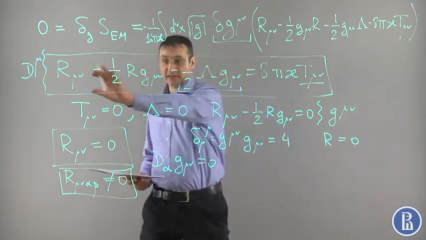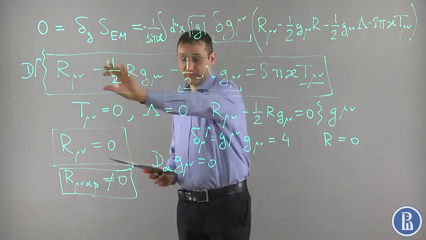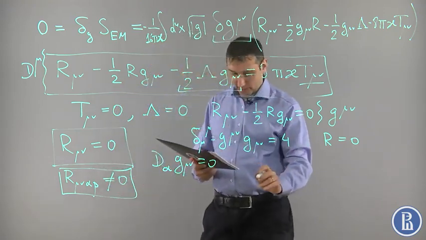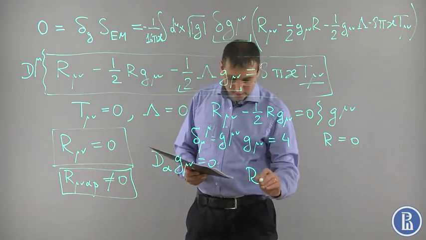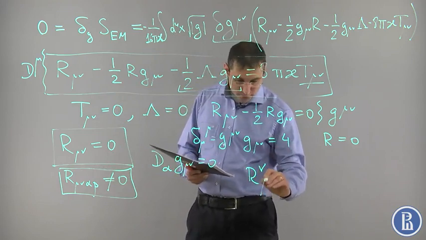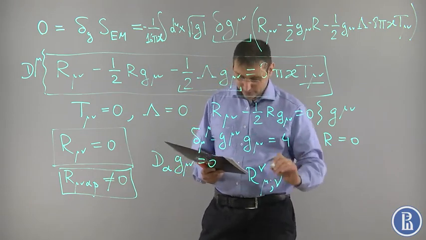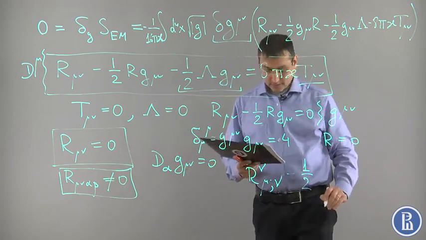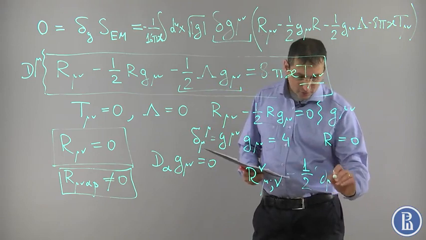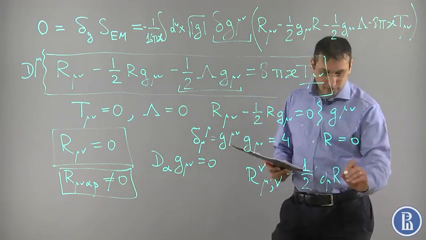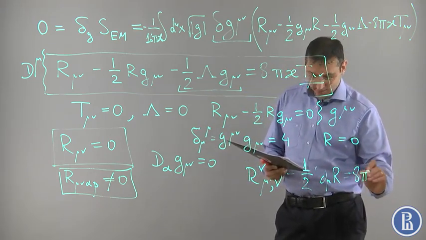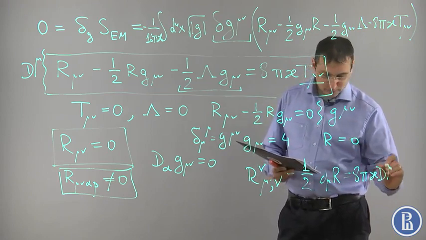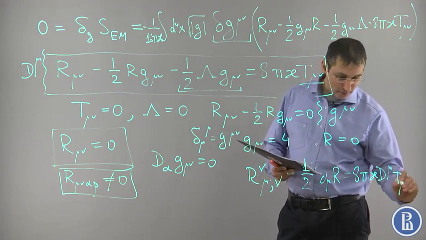So having this in mind, we obtain from this equation the following relation: the covariant derivative over nu of R nu mu minus 1/2 d mu R is equal to 8 pi kappa d nu times T mu nu.